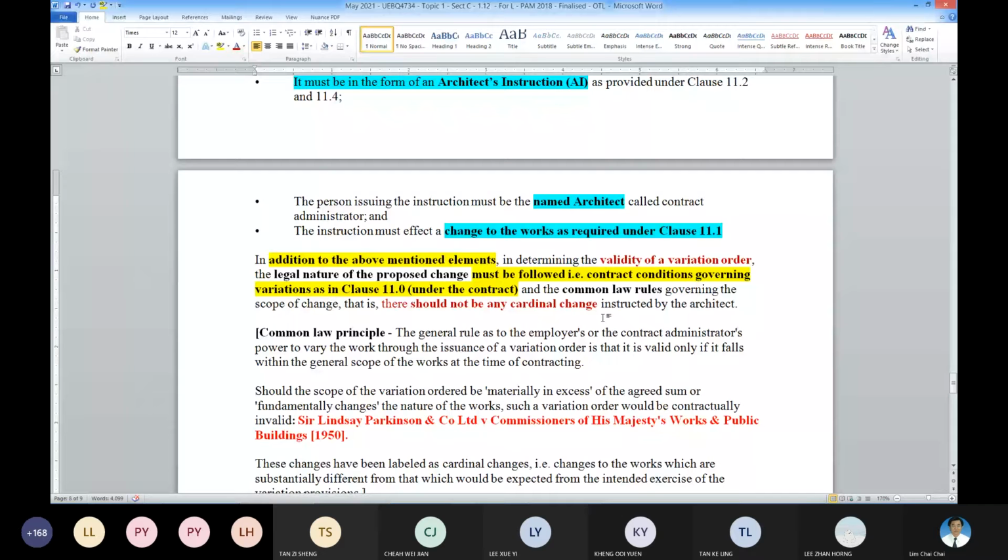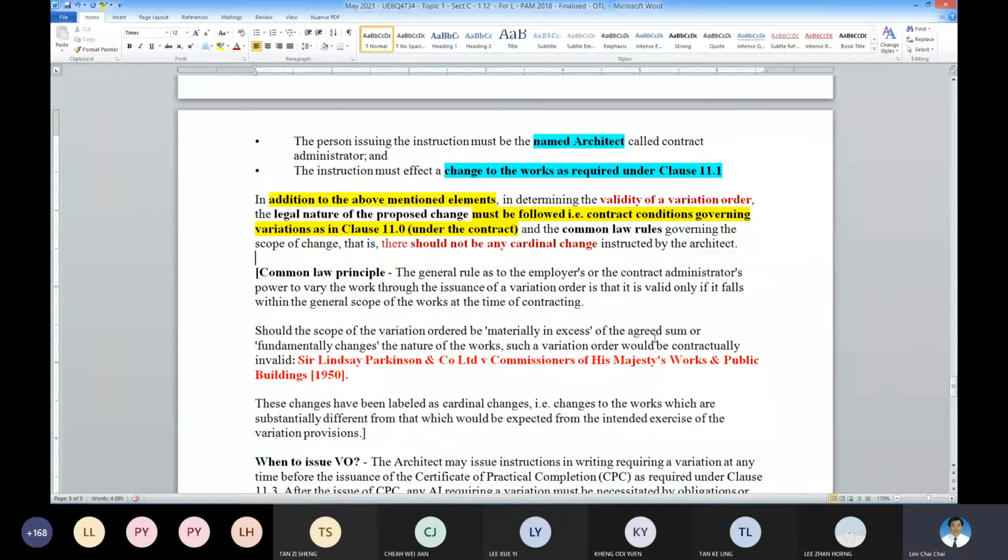So this is the contractual principle. And now the common law principle to explain further.